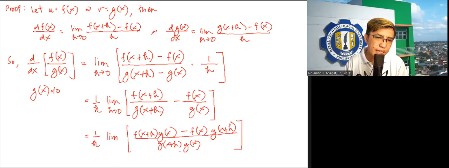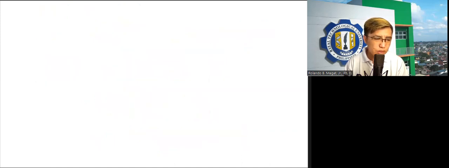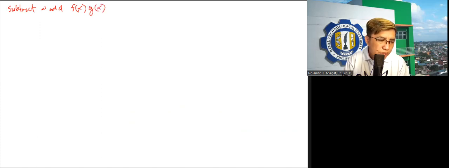Next, since again we have nowhere to go, we're going to conduct an algebraic manipulation. This time, we subtract and add, in that order, f of x times g of x to the numerator.